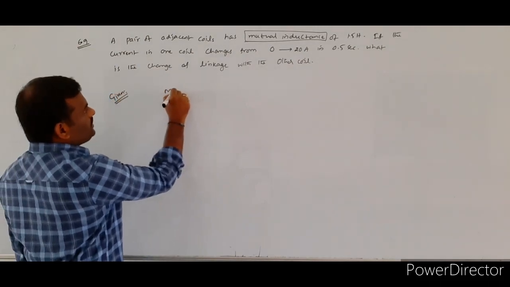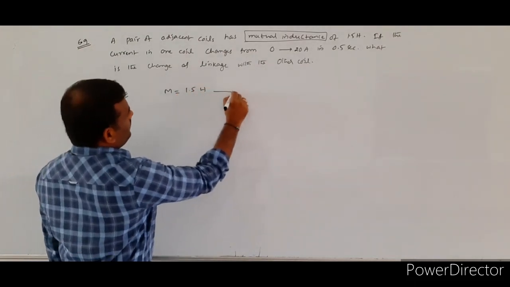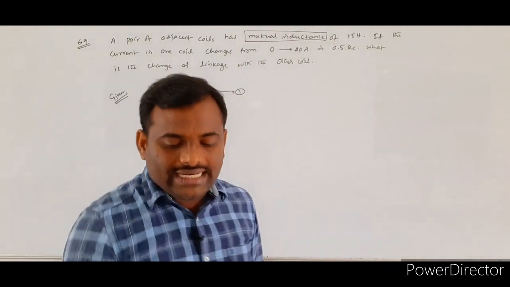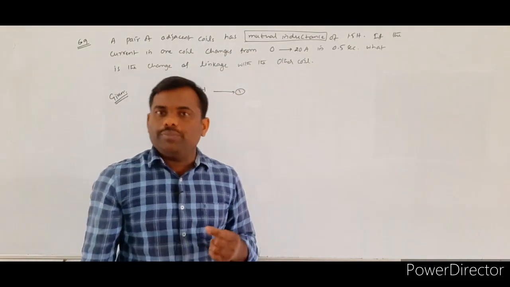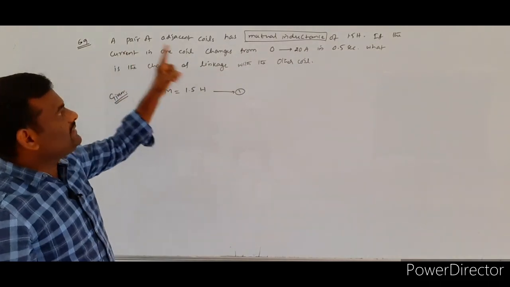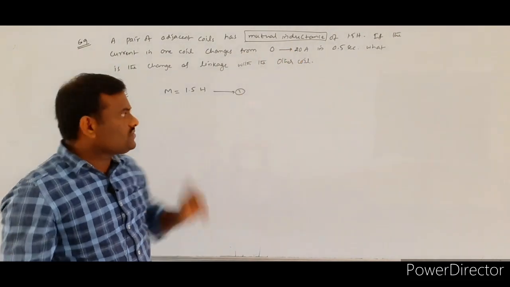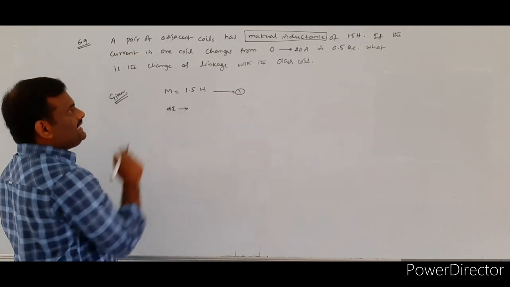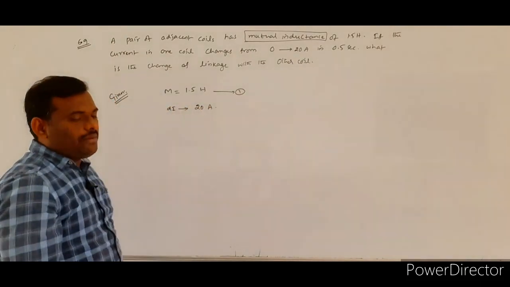They mentioned the coefficient of mutual induction. Capital M is equal to 1.5 Henry. Henry is the SI unit of either the coefficient of self-induction or mutual induction. Next, the current value changes in one coil from 0 to 20 amperes. So the change in electrical current, di, is 20 amperes.